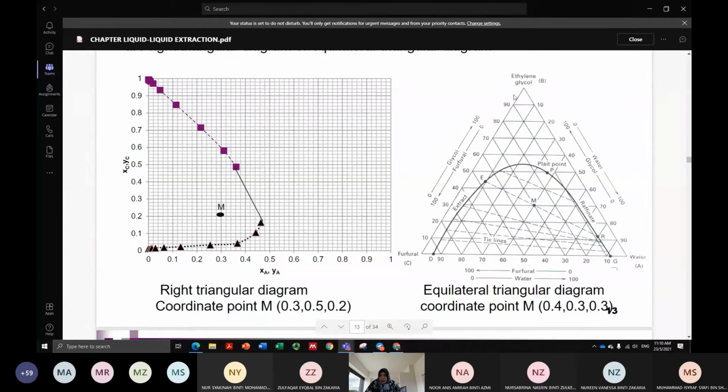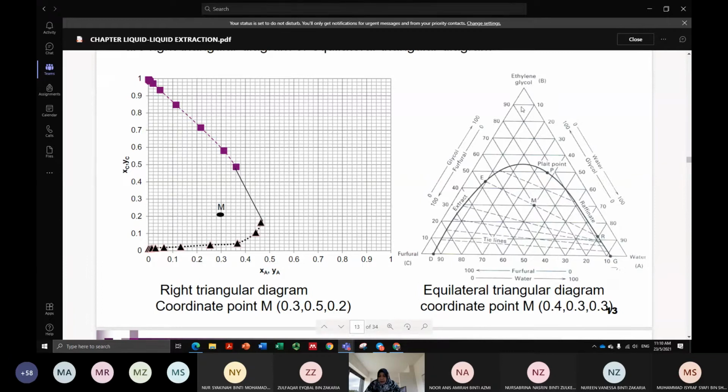Now let's look at the peak of B. If you have the peak of B, this one represents 100%, or in fraction number, you have 1. When you go down like this, look at this part. This is the peak and this is the base.